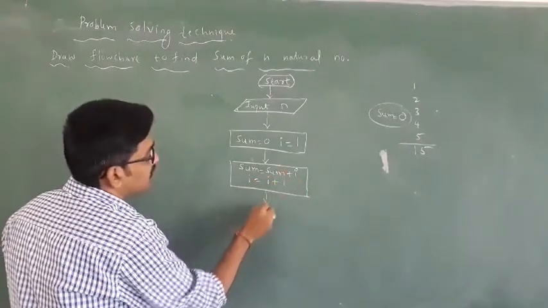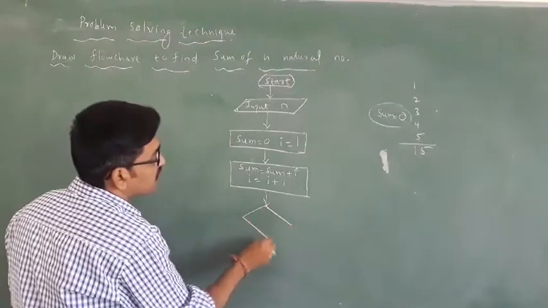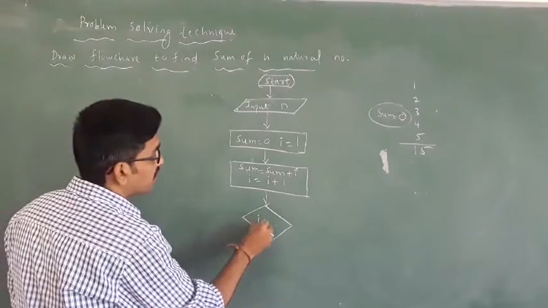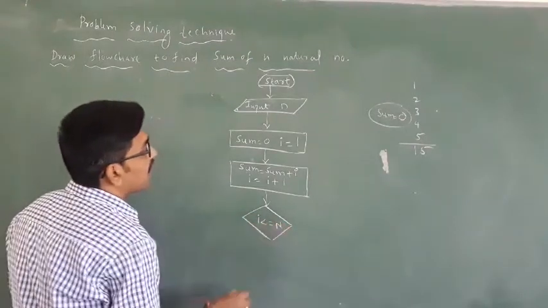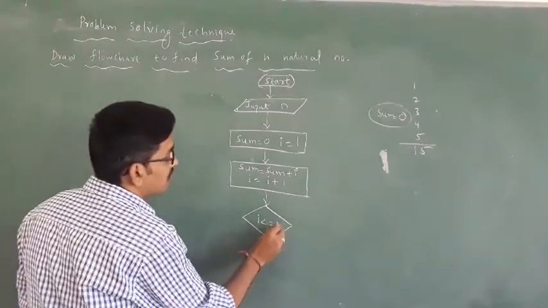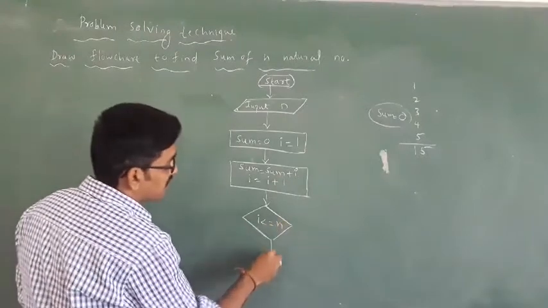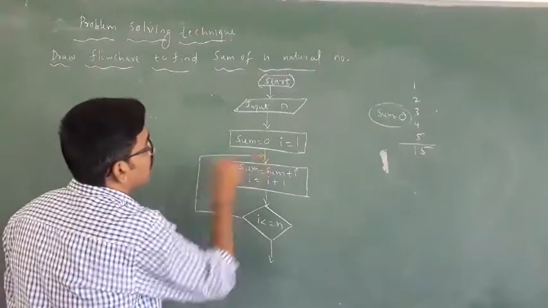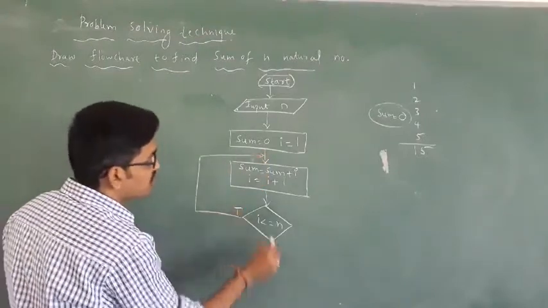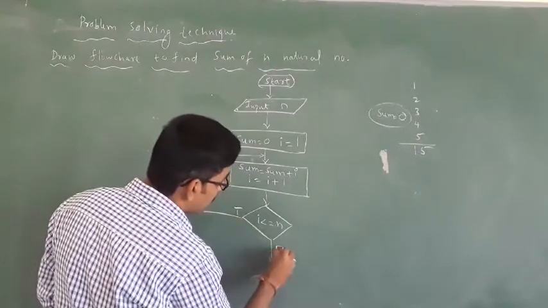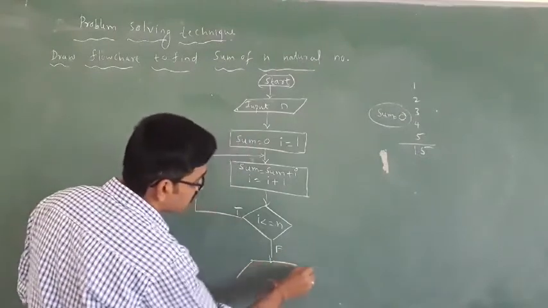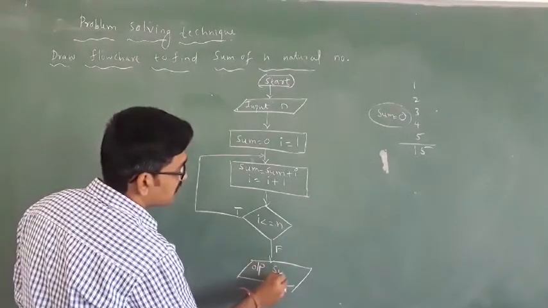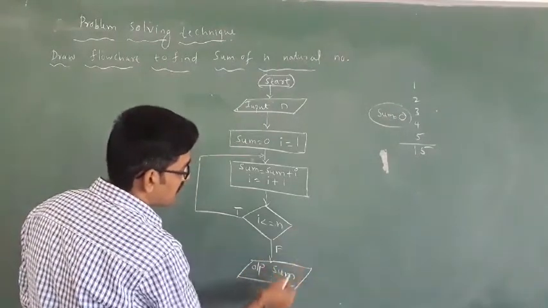Then one condition: you have to use a rhombus: i is less than or equal to n. If it is true, it continues. If it is false, you get the output: print sum, then stop.